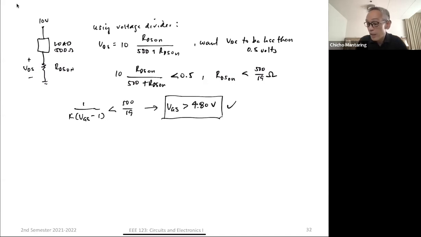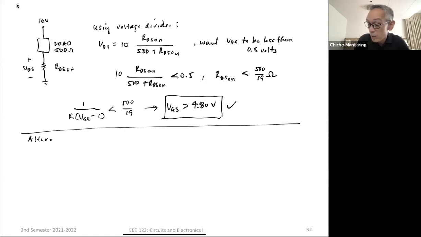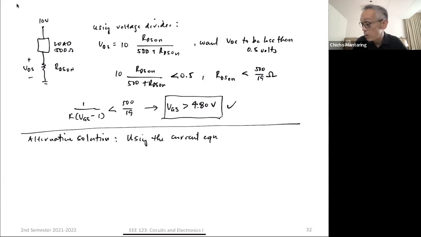Okay, alternative solution. The alternative solution is using the current equation in the linear region.